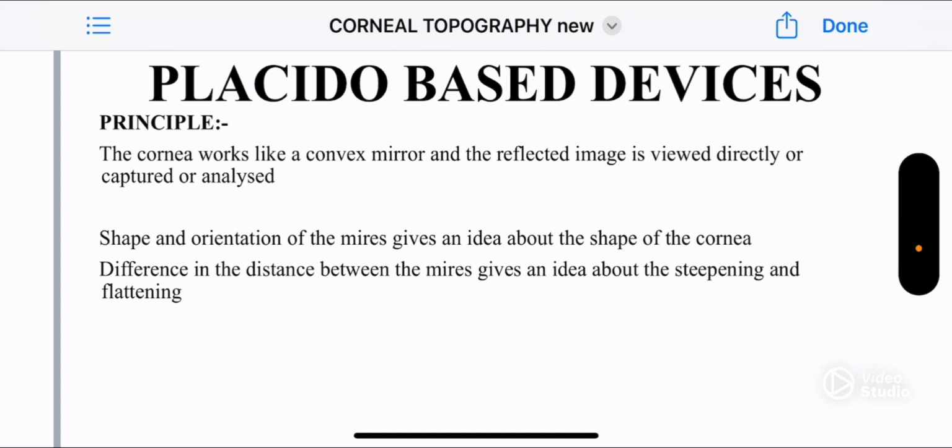Difference in the distance between the mires gives an idea about the steepening and flattening. What does this mean? It means that the place where the mires are very close to each other is steeper, while the place where they are somewhat distant apart means it is flattened.